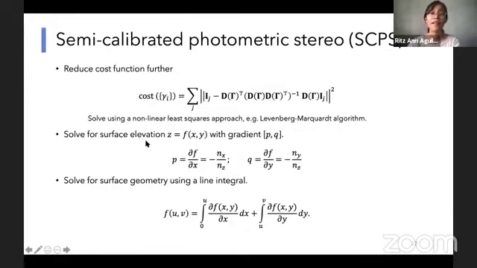After optimizing, we can then solve for the surface elevation from the extracted surface normal earlier, and then from there just use a line integral to extract the 3D shape of the object.